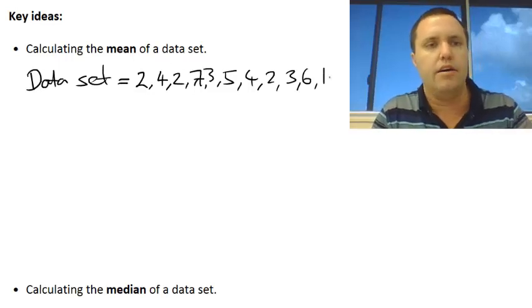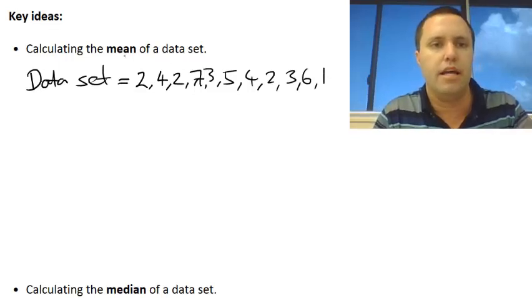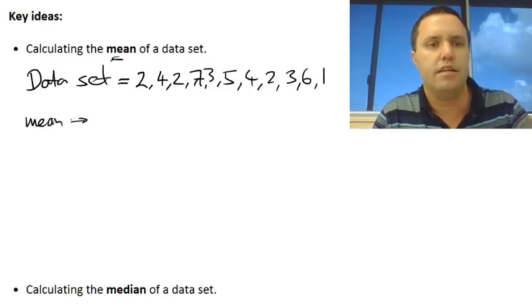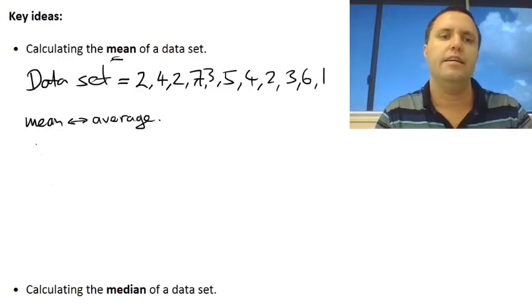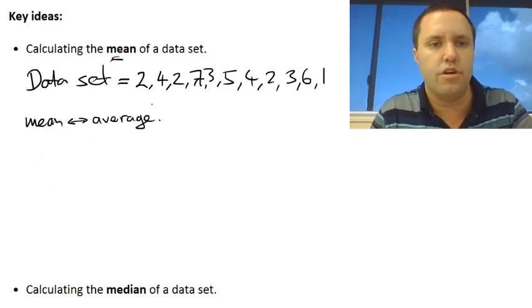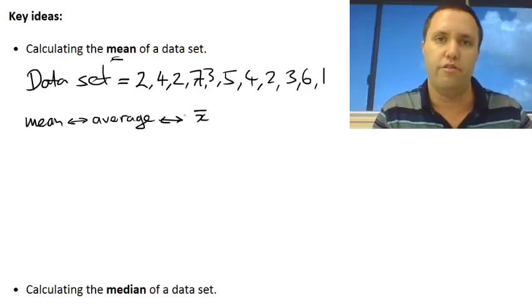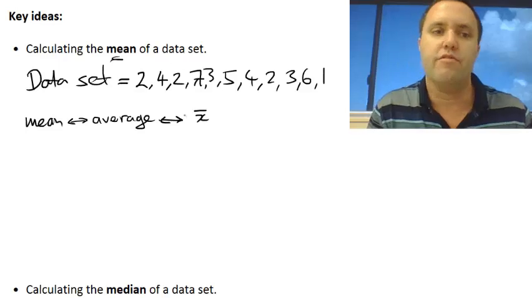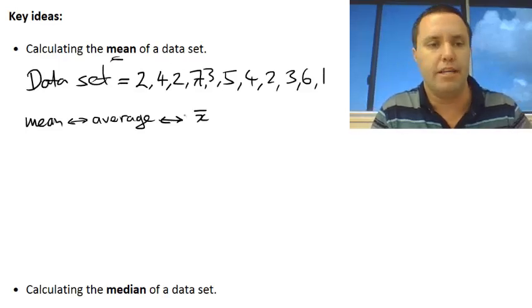Now, the mean of a data set can be thought of as the average. It's sometimes written as an X with a little bar over the top of it. So it's another way of writing average, another way of writing the mean.